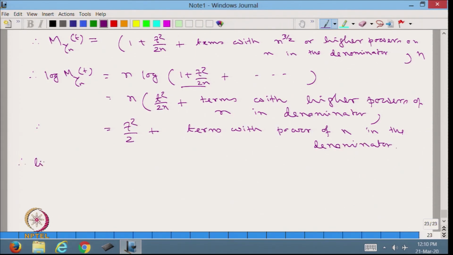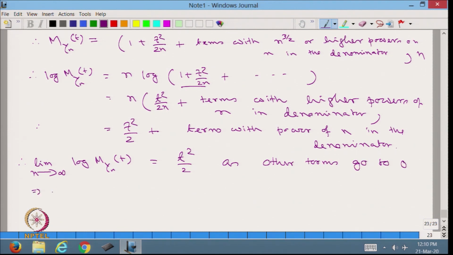Therefore, the limit as n goes to infinity of log of M_{Y_n} at t is equal to t square upon 2, as other terms go to 0.